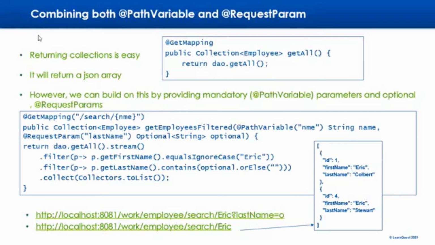This means that again, we have a single endpoint that can satisfy two URLs: employee search Eric with a request param and without a request param.